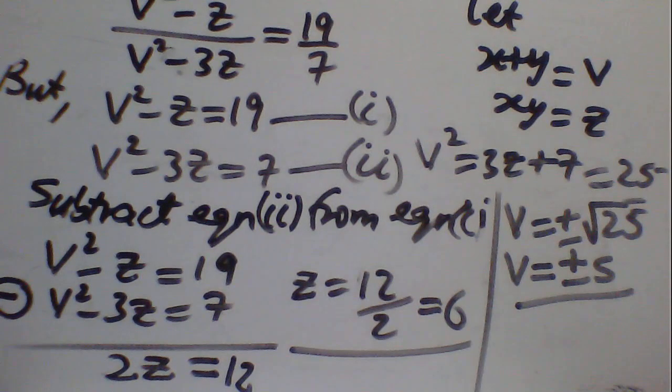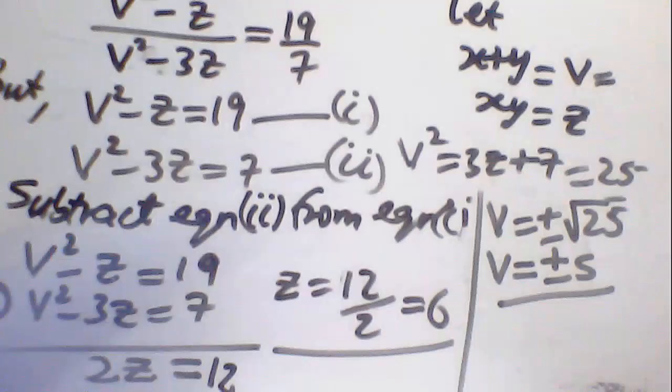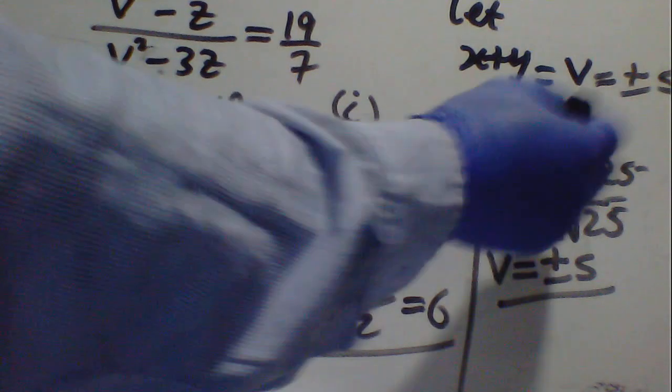So we have gotten the major values. Now we have gotten that v is equals to plus or minus 5, is it not? And then z is equals to 6.